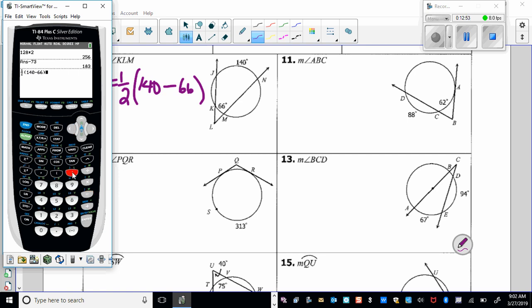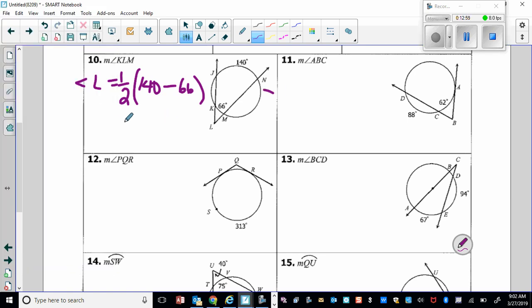So when you do half of the big arc minus little arc, you get 37. That makes angle L, or angle KLM, 37, right? 37 degrees. That is the answer.